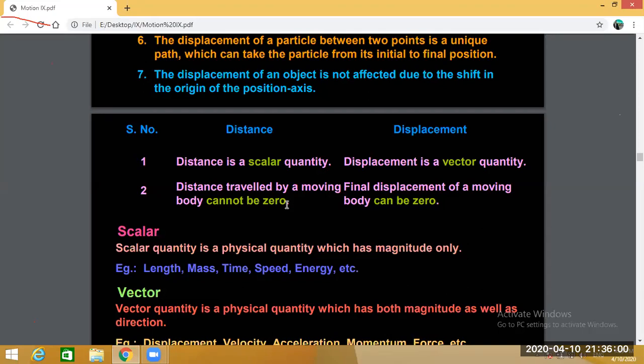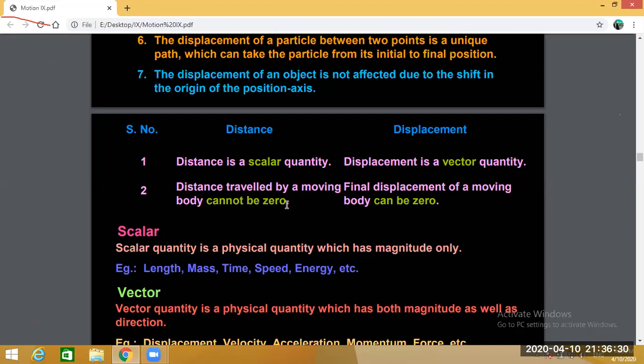Distance traveled by a moving object or body can never be zero. Distance traveled by a moving object is always positive. And distance traveled is defined as the actual path length traveled by the object between initial and final position.